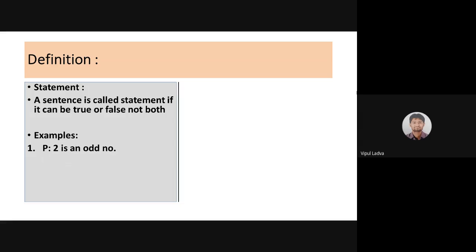First example, I'm giving one statement. I'm labeling that statement as P. Now this will be a notation, the kind of notation we'll be dealing with through the entire unit. When I'm writing like this, P colon, my name is Vipul.